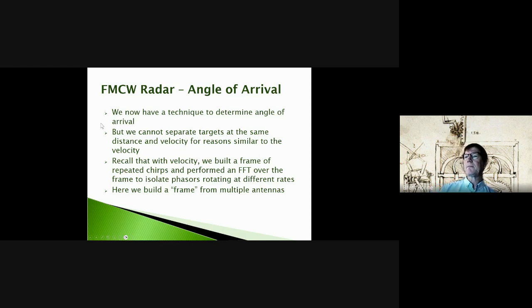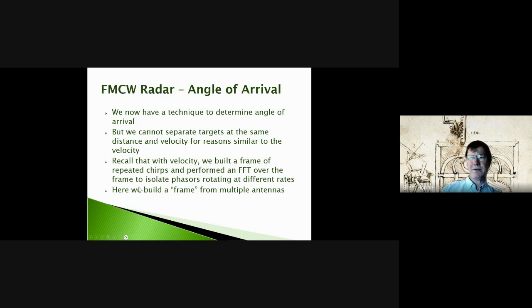So we want to be able to separate targets at the same distance and velocity, for reasons similar to the velocity. Recall that with velocity, we built a frame of repeated chirps and performed a fast Fourier transform over the frame, and again, fast Fourier is just an algorithm to efficiently calculate the discrete Fourier transform, to isolate phasors rotating at different rates.